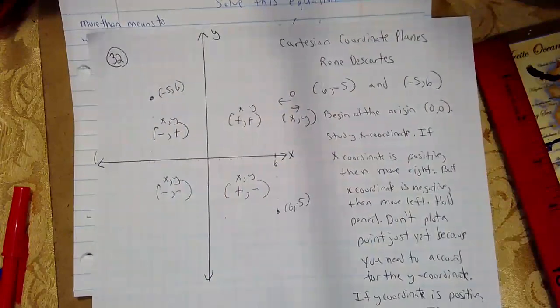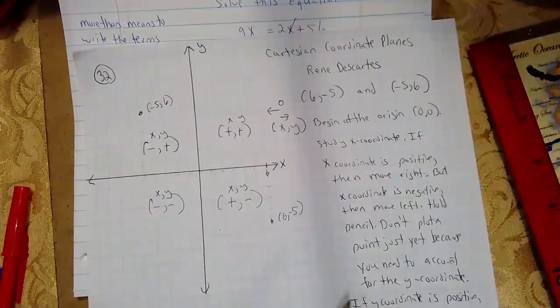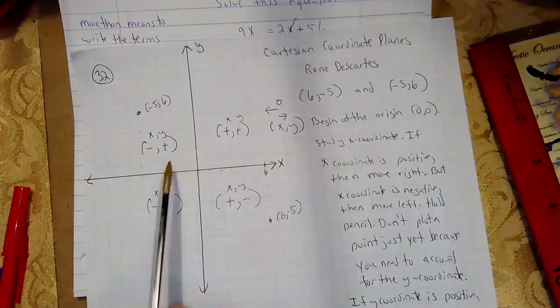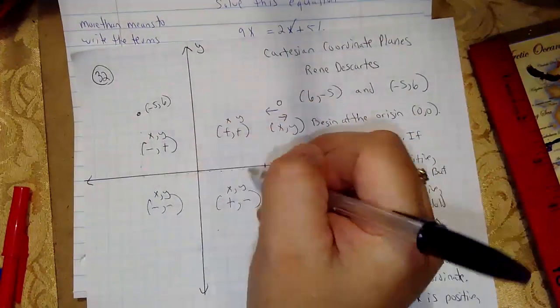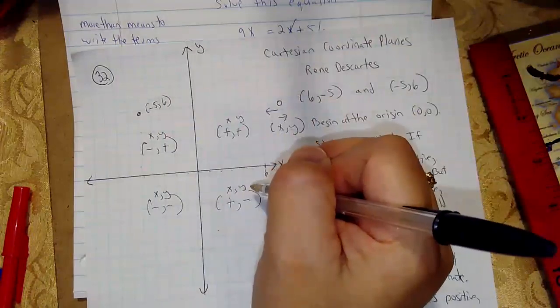Also, there are quadrants. See, this is broken up into 4 boxes, 4 quadrants. It actually goes counterclockwise, not clockwise.